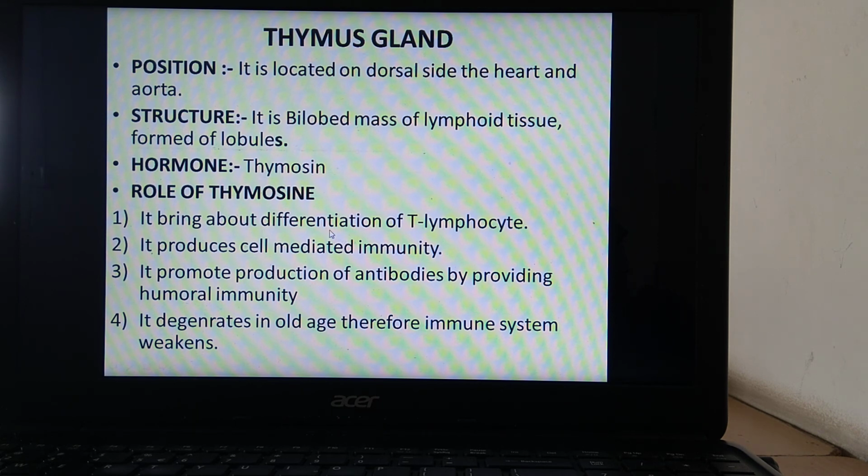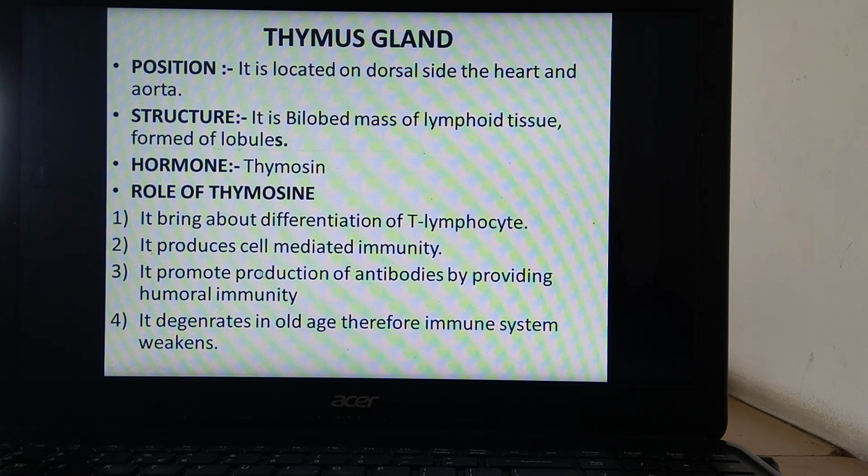If you remember, in human health and diseases, we studied under acquired immunity that lymphocytes, a type of agranulocyte WBCs, which are produced in bone marrow, get matured. Some of them mature in the thymus gland and become T lymphocytes. So it brings about differentiation of T lymphocytes, and T lymphocytes are responsible for cell mediated immunity.